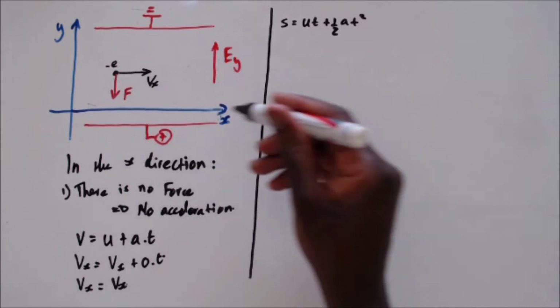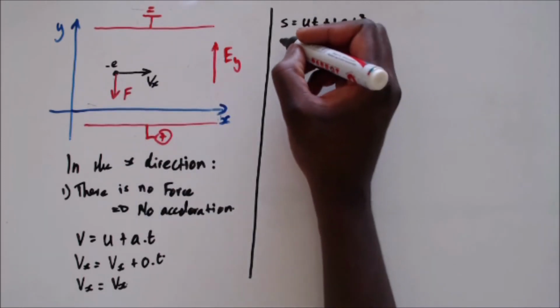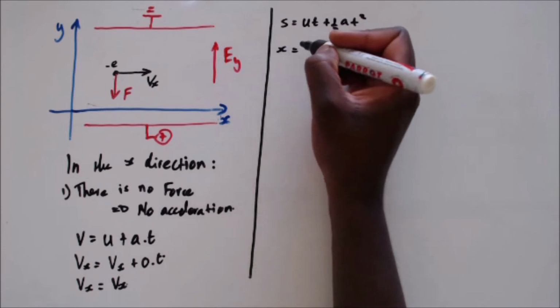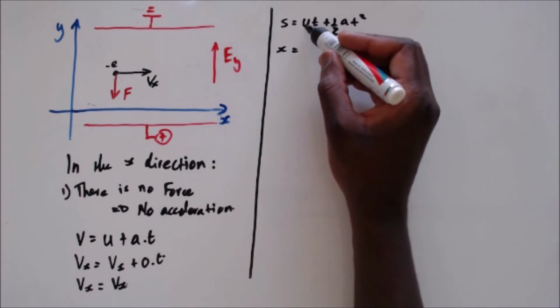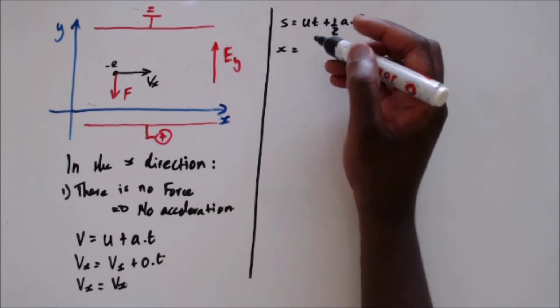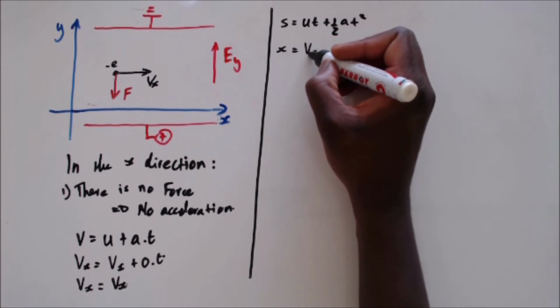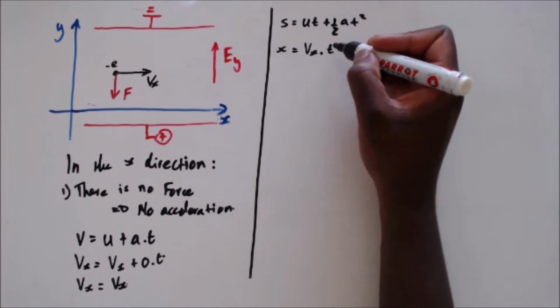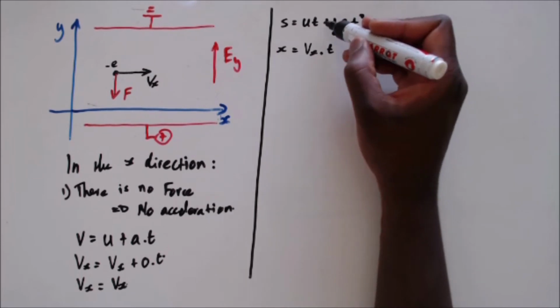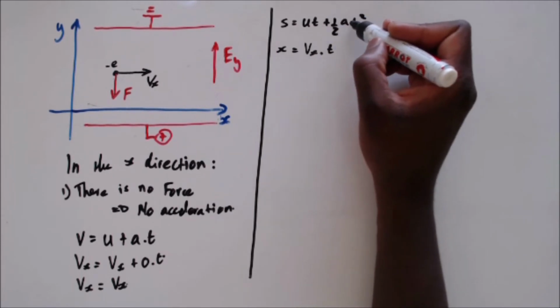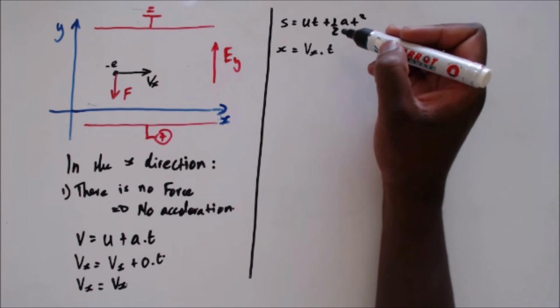Applying that in the x direction, I get a position x equal to the initial velocity in the x direction, Vx, multiplied by t. Because there's no acceleration, all of this part of the equation, which is 1/2 at squared, disappears.